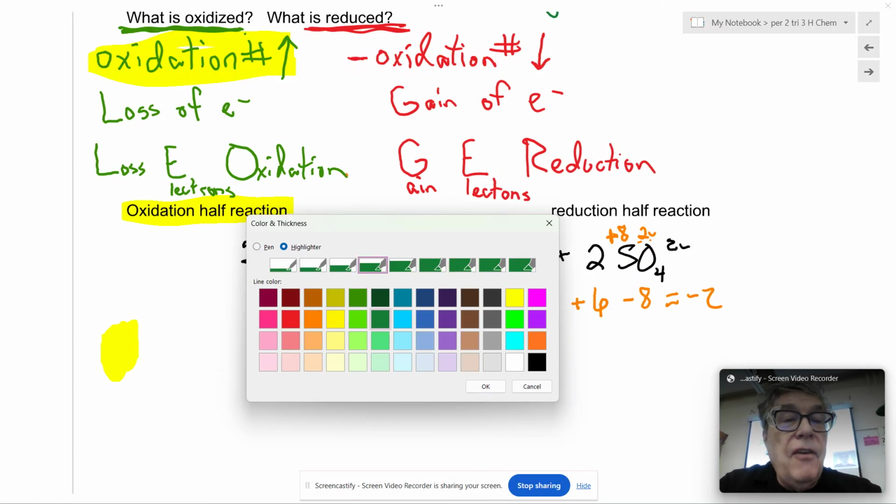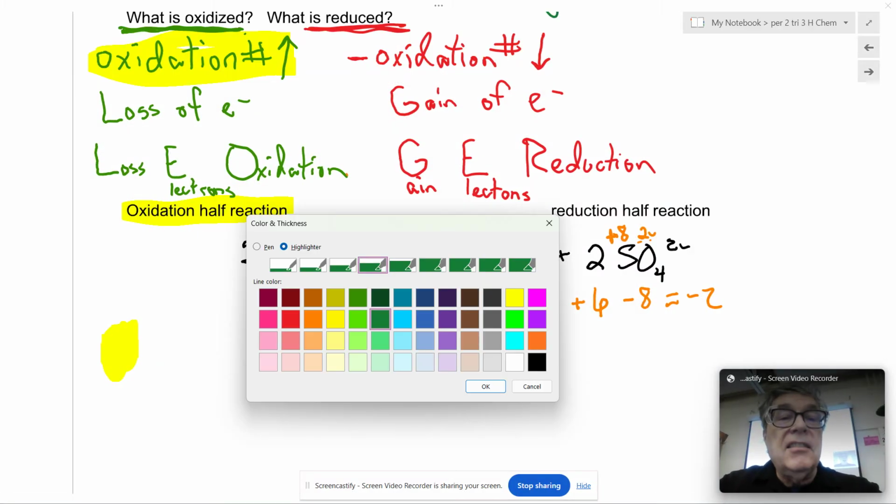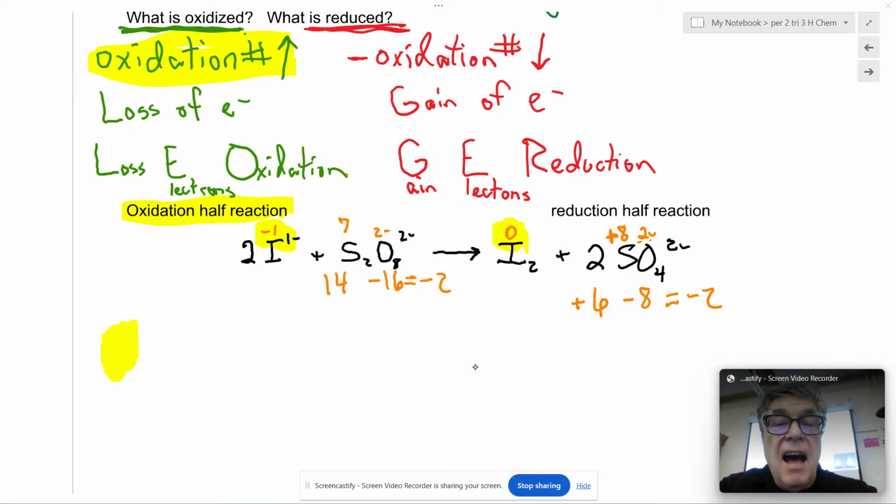The stuff about iodine is going to go into our oxidation half reaction.